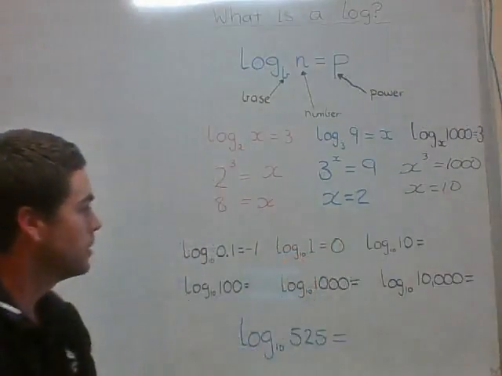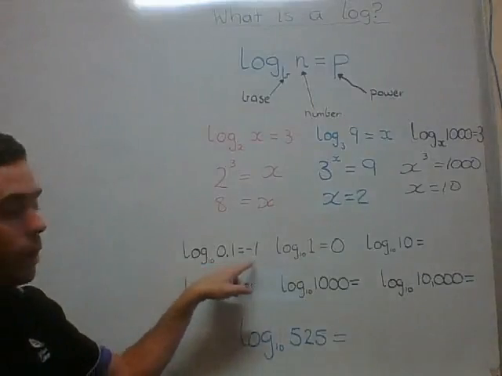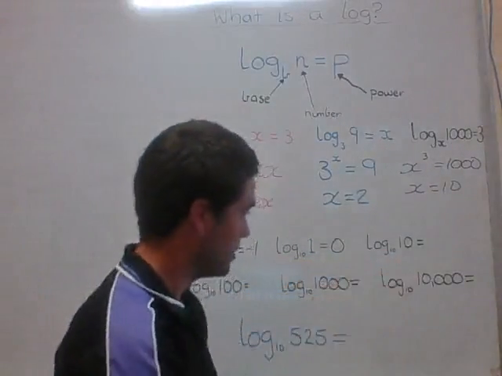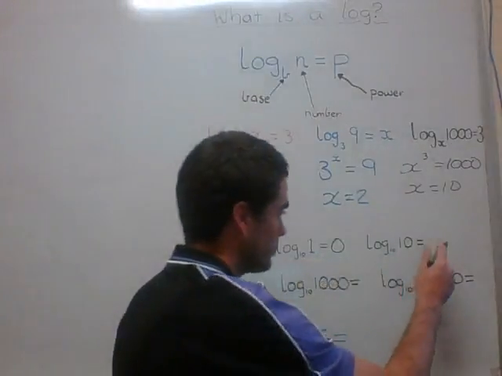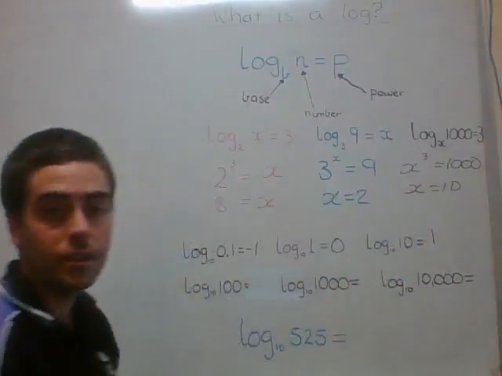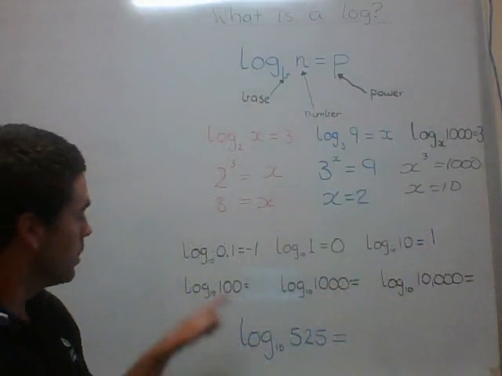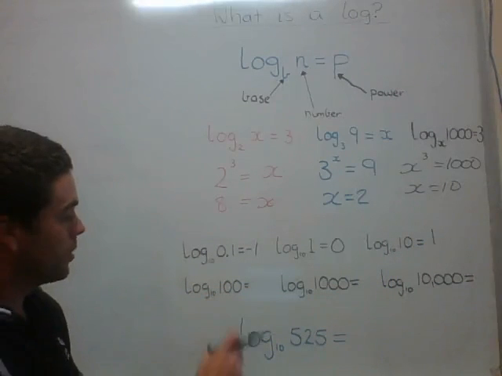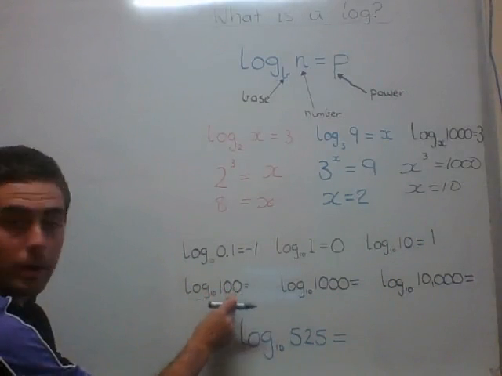So log base 10 of 0.1 is negative 1, log base 10 of 1 is 0, log base 10 of 10, 10 to the power of what gives me 10, 10 to the power of 1 gives me 10. Log base 10 of 100 is, what that's asking me is 10 to the power of what makes 100, 10 squared makes 100.